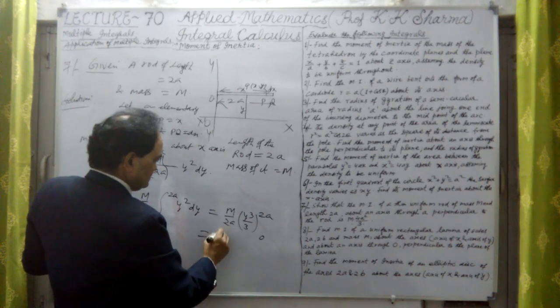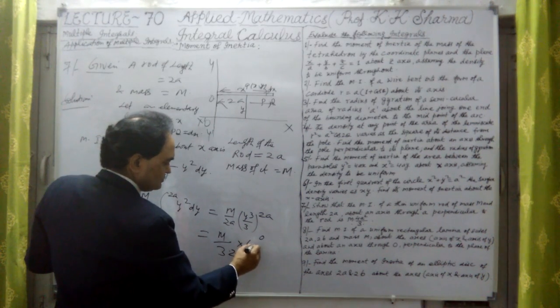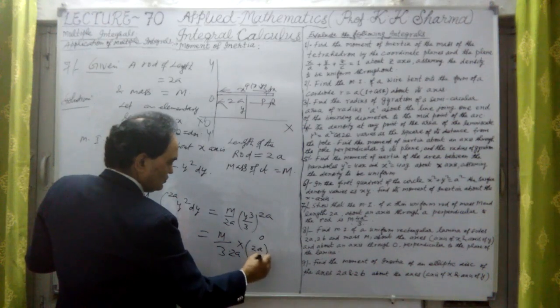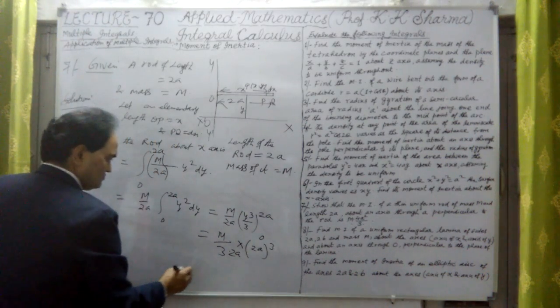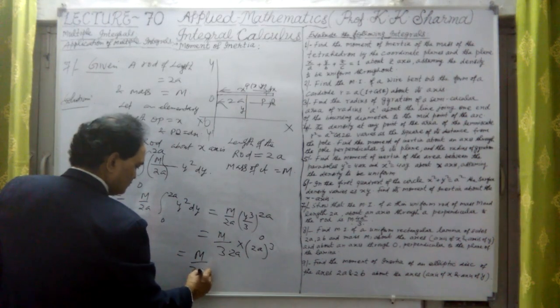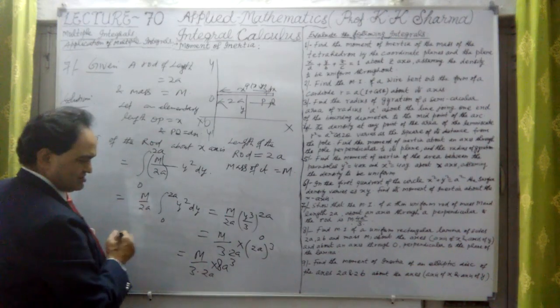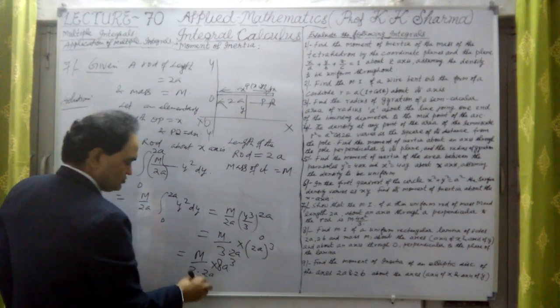What was this? This is m upon 3, let me take outside, into y cube. If I substitute, this is 2a whole cube. It will give us m upon 3 into 2a into 8a cube, for 2 whole cube is 8.